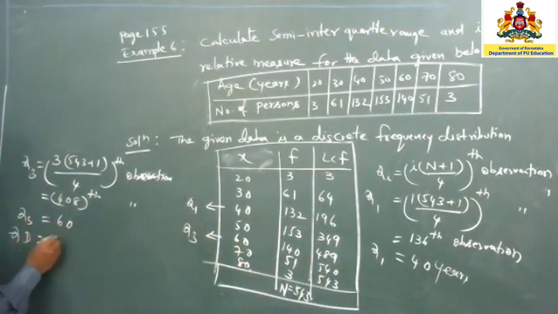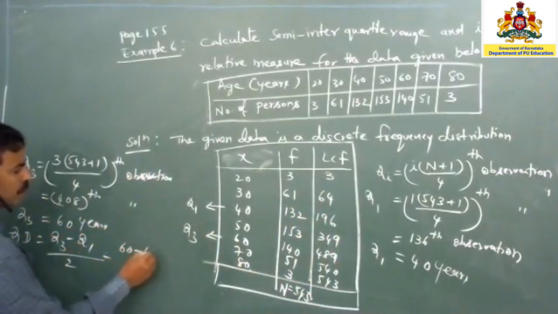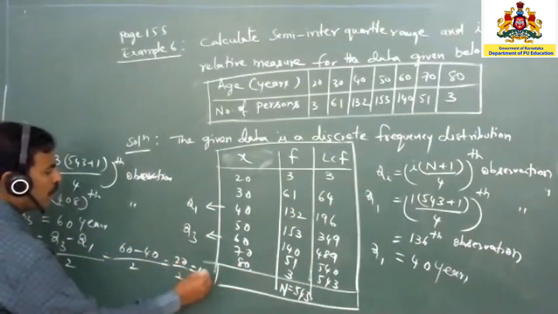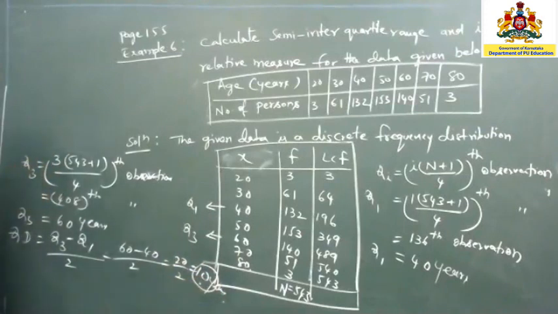Quartile deviation is (Q3 minus Q1) by 2. This is (60 minus 40) by 2, so 20 by 2 equals 10. Answer is 10 years. So that is the absolute measure.